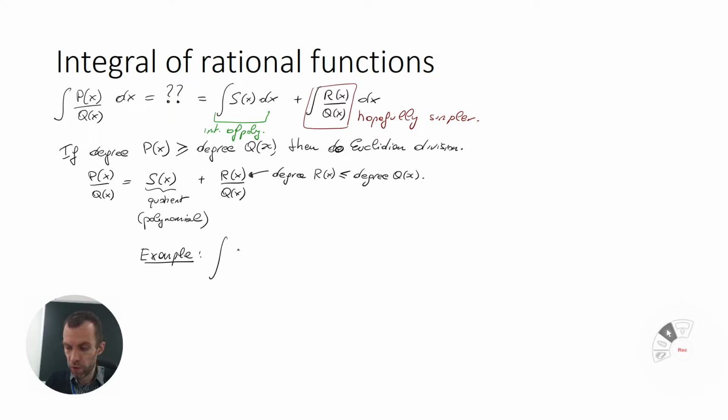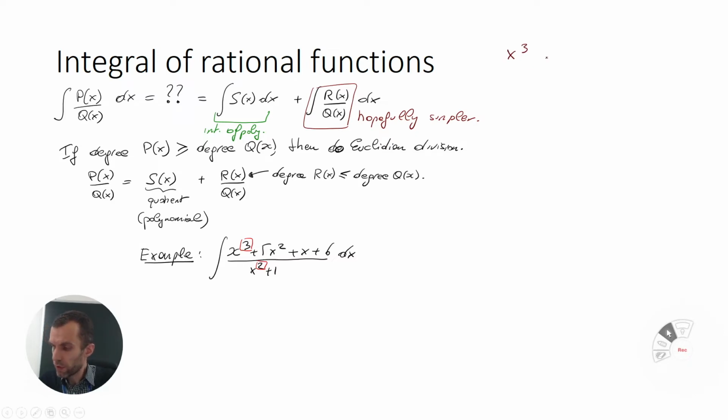Let's compute the integral of x to the power 3 plus 5x squared plus x plus 6 divided by x squared plus 1 dx. At first sight this looks kind of forbidding, but what you have to note is that yes, the degree of the numerator is higher than the degree of the denominator, so we're going to do a Euclidean division. I'm going to put that on the side here.